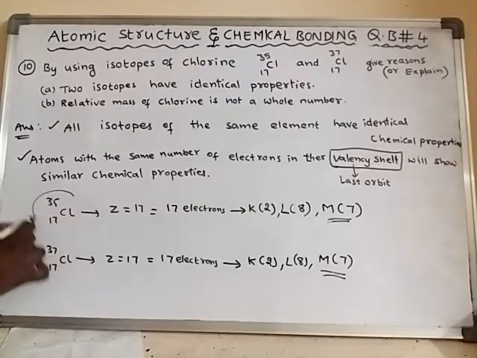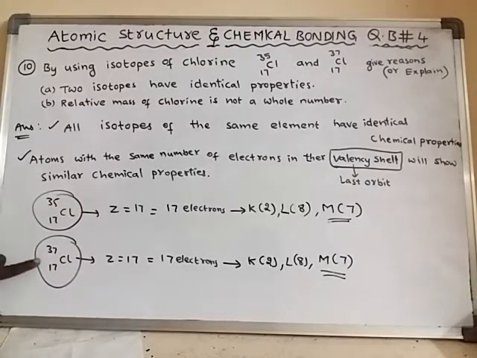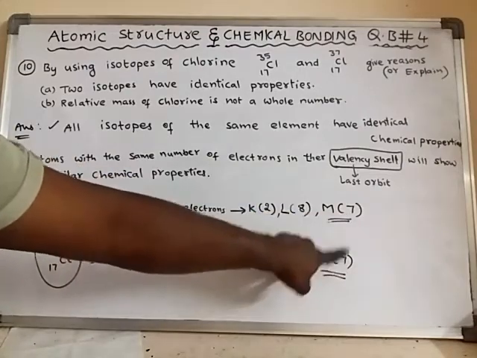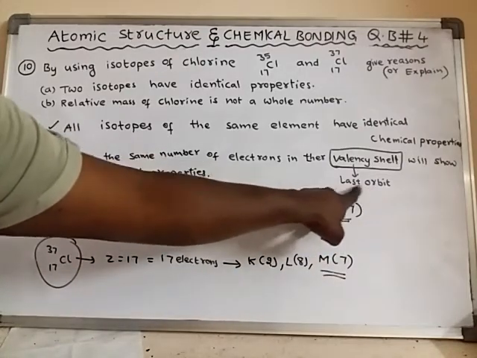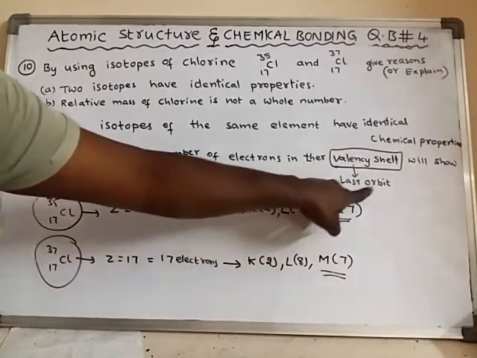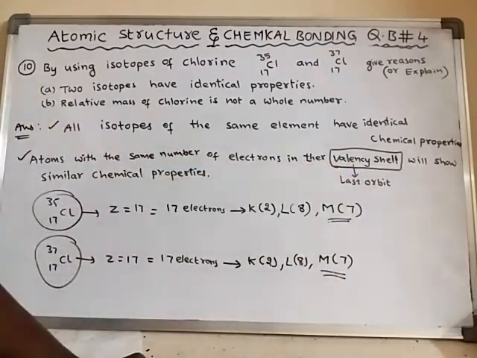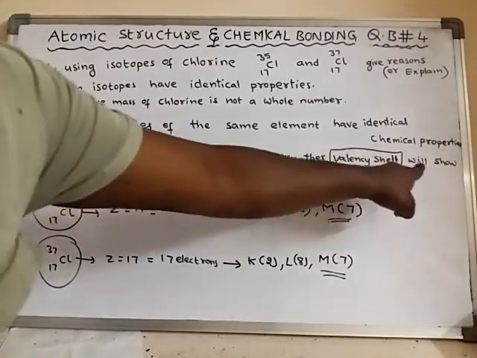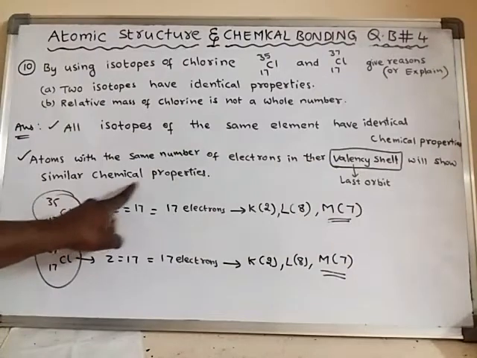So these two are different atoms of the same chlorine element. They have the same number of electrons in their outermost orbit. The outermost orbit is also called the last orbit, or the valence shell. The atoms with the same number of electrons in their valence shell will show similar chemical properties.